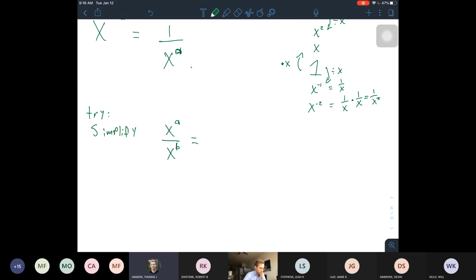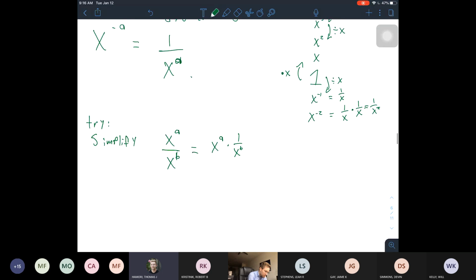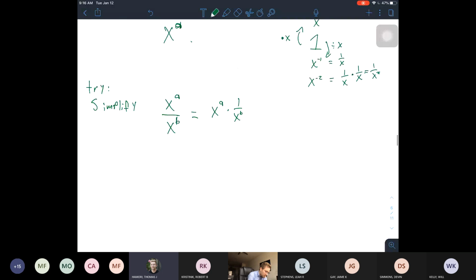Subtract. Okay, great. Yeah, we should subtract. I'm going to come back to your question in 1 second, Devin. Okay, I'm seeing lots of subtract, and that's correct. We can rewrite this. Dividing by x to the b is the same as multiplying by the reciprocal 1 over x to the b. And we just decided that 1 over x to the b can be written as x to the a times x to the negative b.